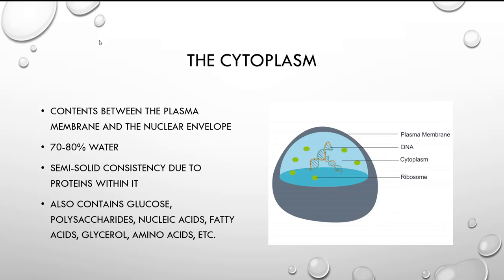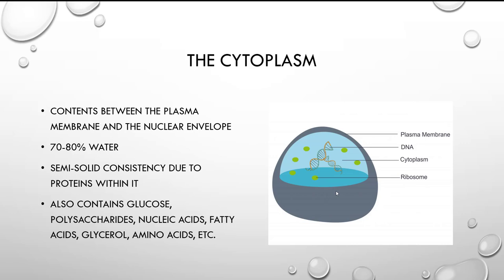So basically stuff that enters the plasma membrane enters the cytoplasm, right? So it's floating around in there. That's why the cytoplasm is semi-solid in consistency. It's jelly-like. So it's not just a liquid.